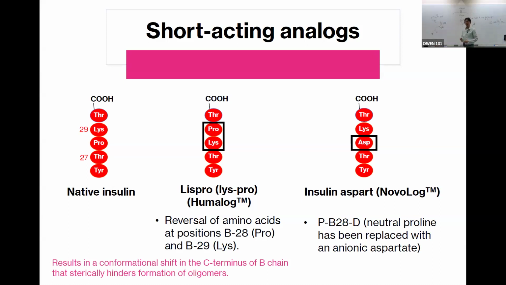Then suddenly this non-charged amino acid becomes a negatively charged amino acid. That also changes the conformation and makes it a short-acting insulin. All right.